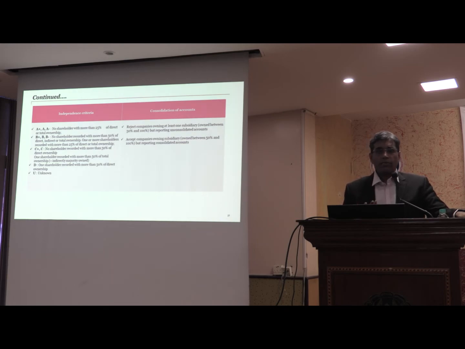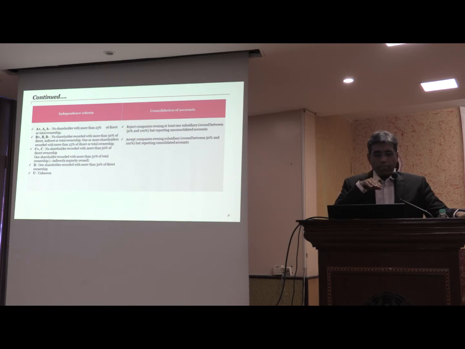One unique criterion with foreign databases is, we talked about the related party filter, right? Foreign databases have different criteria. You have A plus, A minus. These are independence criteria. They are classified based on shareholding percentage in the respective companies. So companies are classified on this basis.